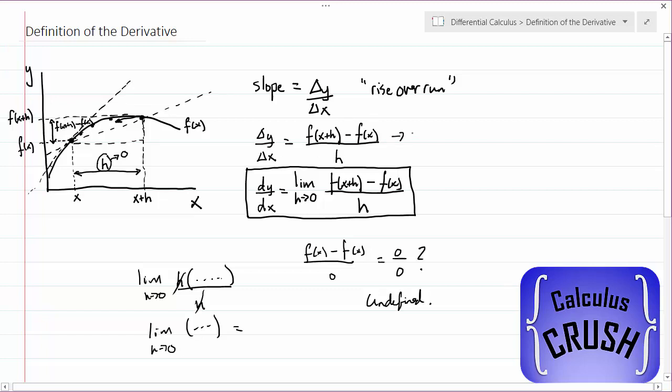So this expression, delta y over delta x, you can think of as the average rate of change. Whereas dy by dx, this is the instantaneous rate of change.